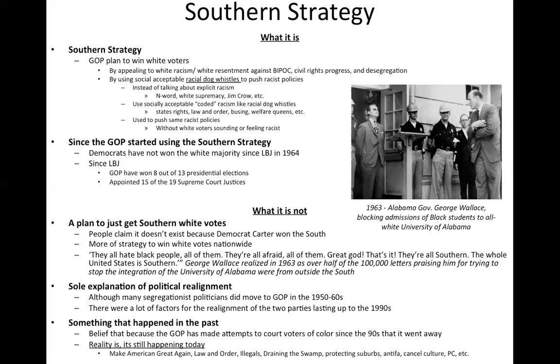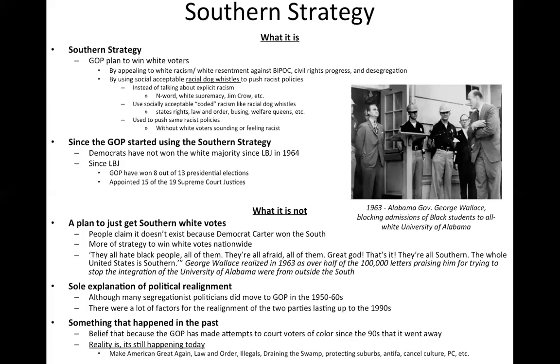Instead of talking about how we need to violently crack down on black people standing up for their rights, we can say we just need law and order, there's too much chaos in the streets. Busing: instead of talking about how we need segregation, we say busing is a violation of rights and a waste of government funding.